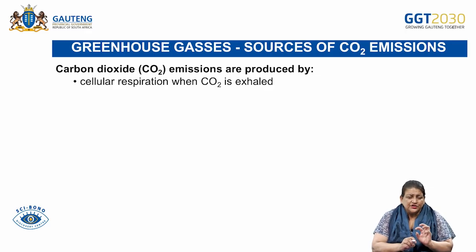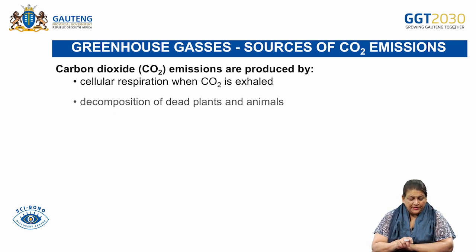It's fine if there's a few humans, but now all living organisms, all animals are actually releasing the CO2. And because the population is increasing, there's going to be a higher than normal amount of CO2 in the air. And when it's higher than normal, it's going to cause an enhanced greenhouse effect.